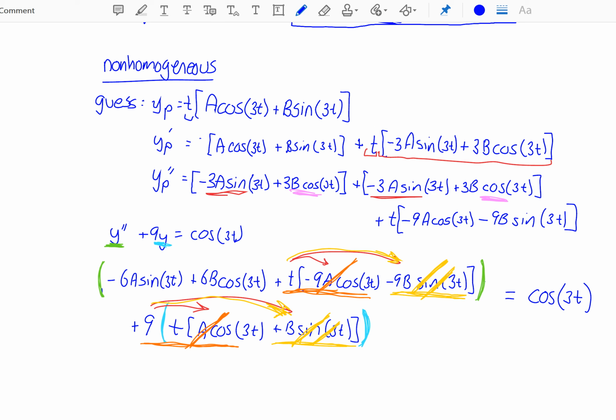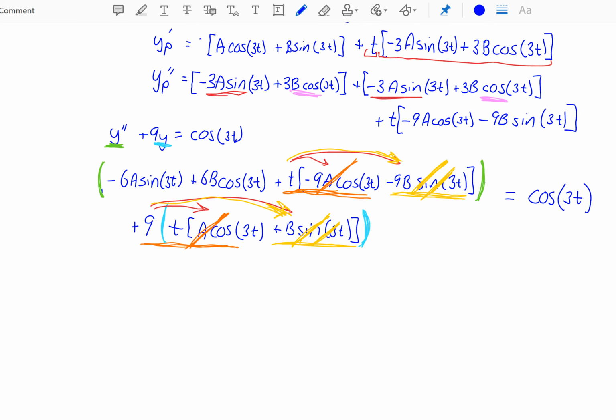So with these terms canceled, what we're left with is negative 6a sine of 3t plus 6b cosine of 3t has to equal cosine of 3t.